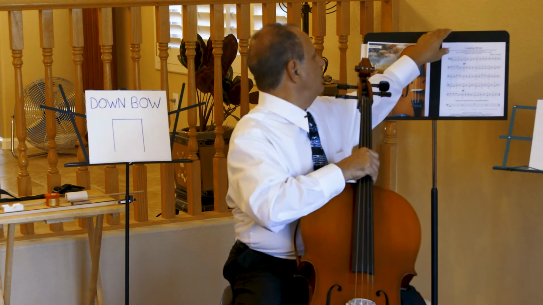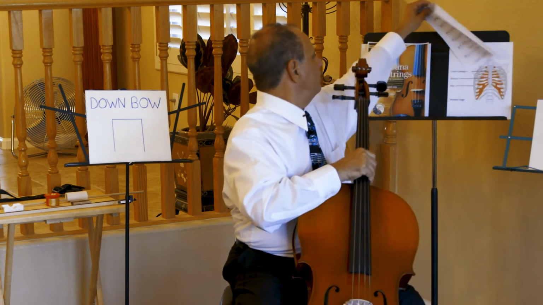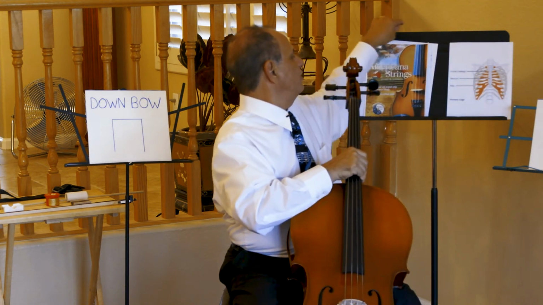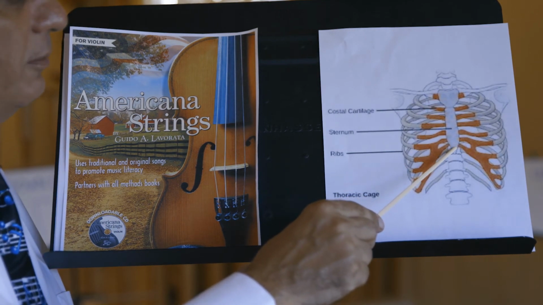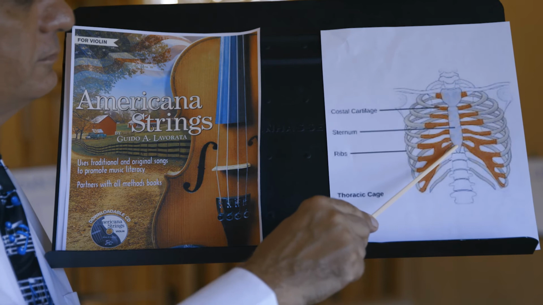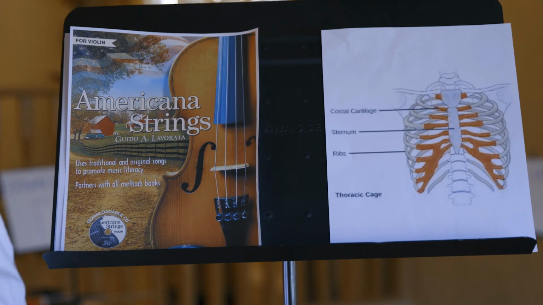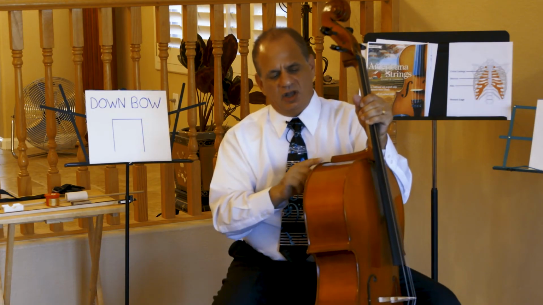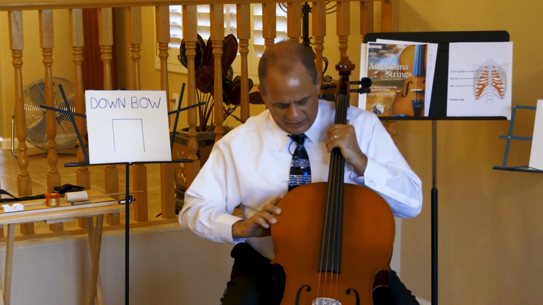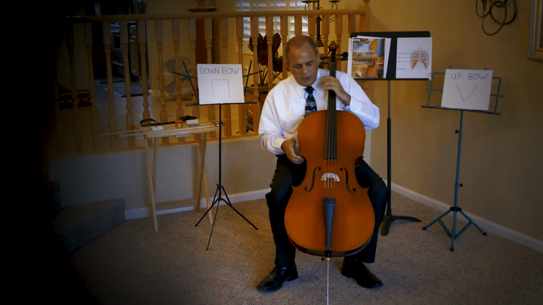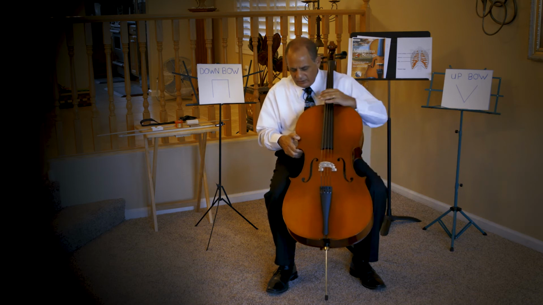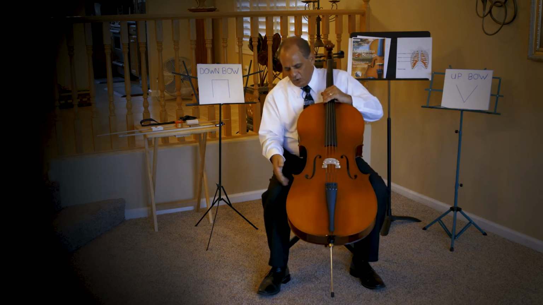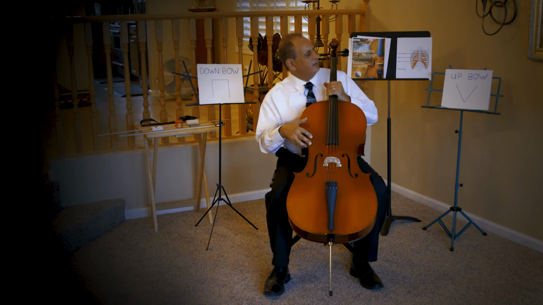Now the sternum will look like this. The sternum is the center of where the ribs connect. At the base of the sternum is where the upper edge of the upper bout will go against. So you want to make sure your left knee's against this point, your right knee's below this point.